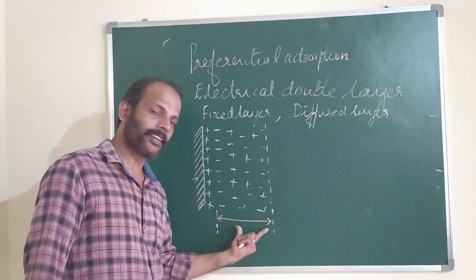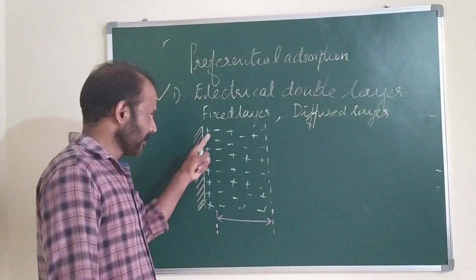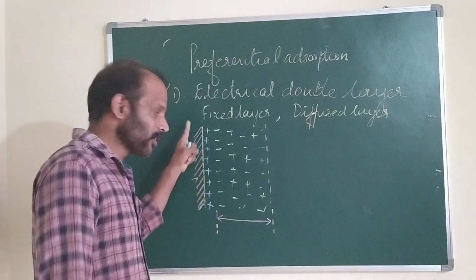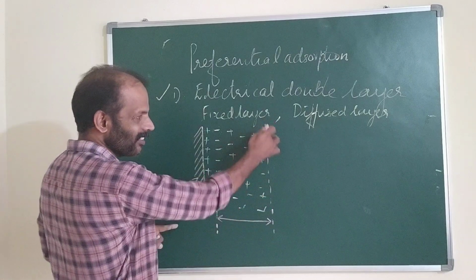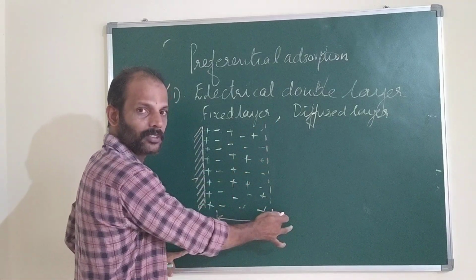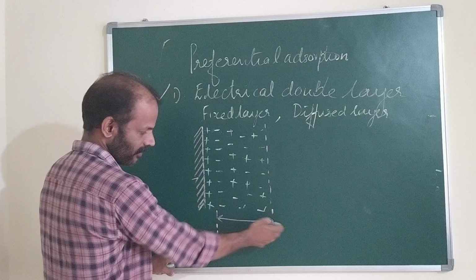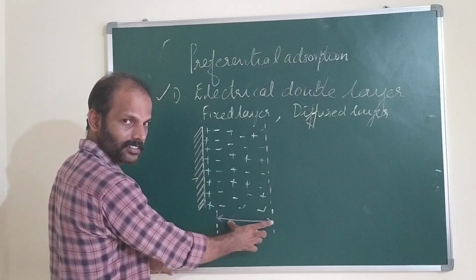The potential created between the layer just immediate to the fixed layer and the boundary of the diffuse layer. This is the distance.